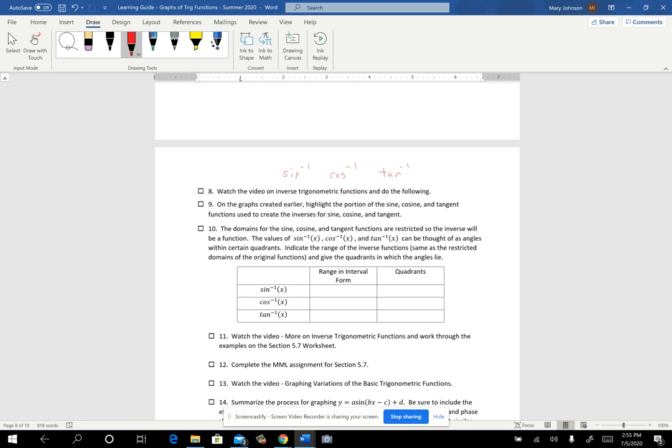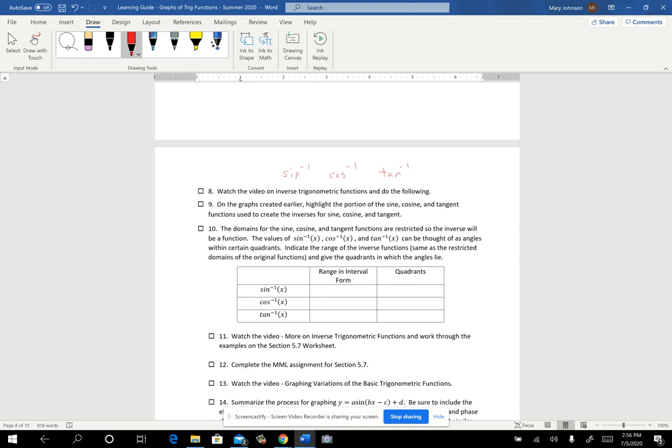In order for those to be functions, we have to restrict the domain of sine, cosine, and tangent so that the inverse will turn out to be a function, okay? And the domain of the sine, cosine, and tangent, that's where the angle would have gone. That turns out to be the answer when you do sine inverse, cosine inverse, and tangent inverse. The answer to those is the angle, okay?